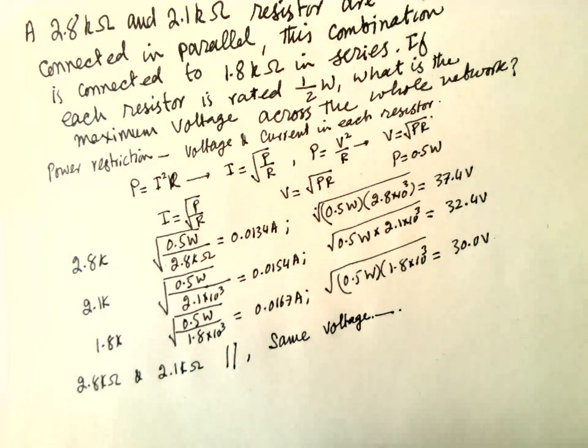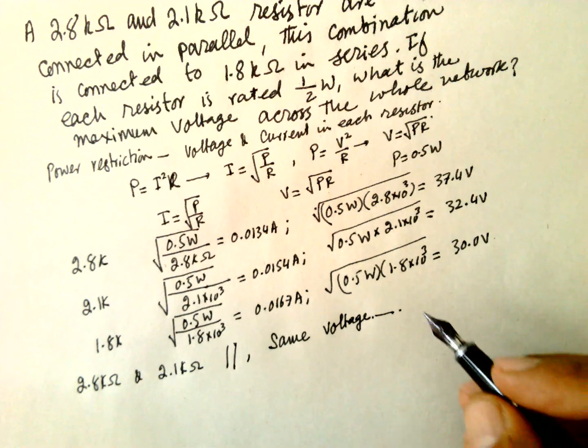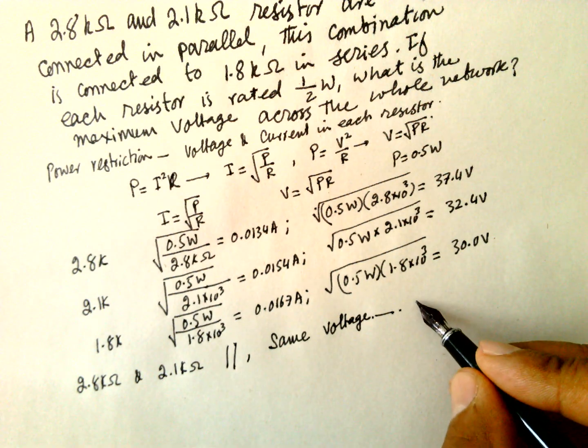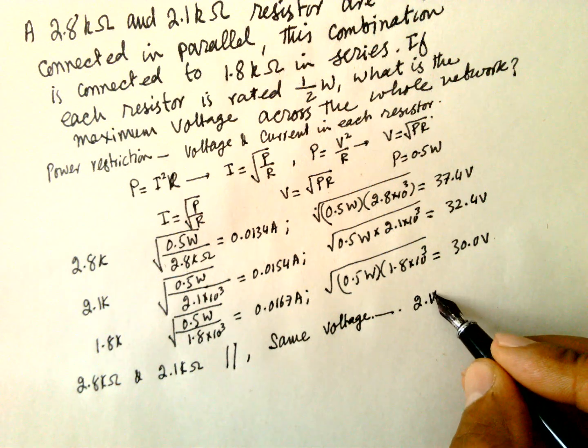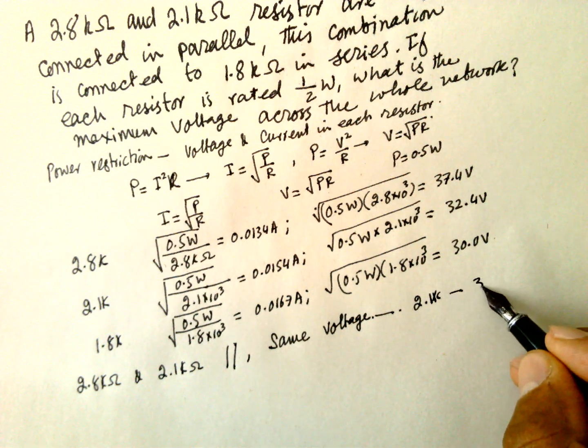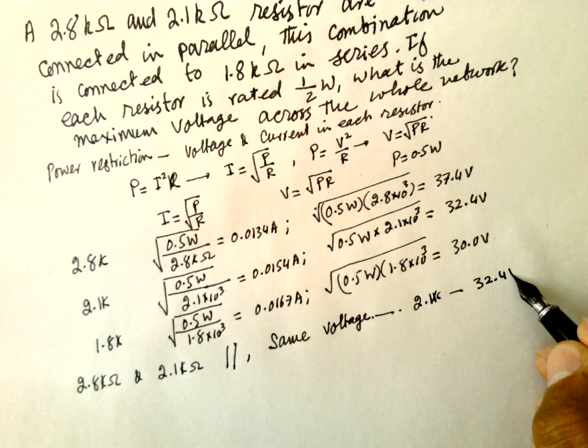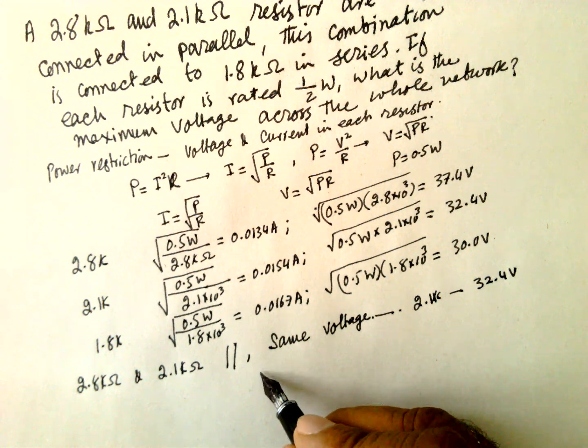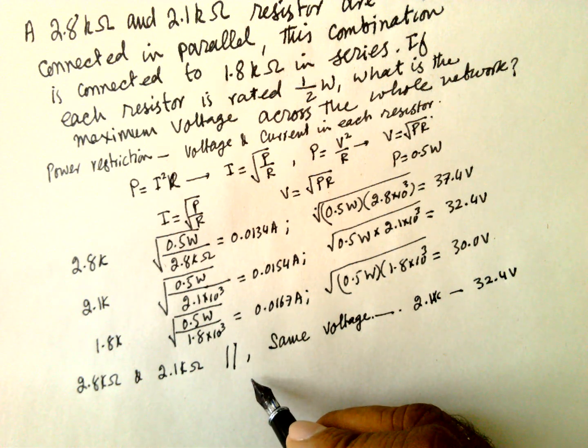So these are parallel and have the same voltage, and the same voltage will be that of the 2.1 kilo ohm. So this will have a voltage of 32.4 volt. So the current we have to find.